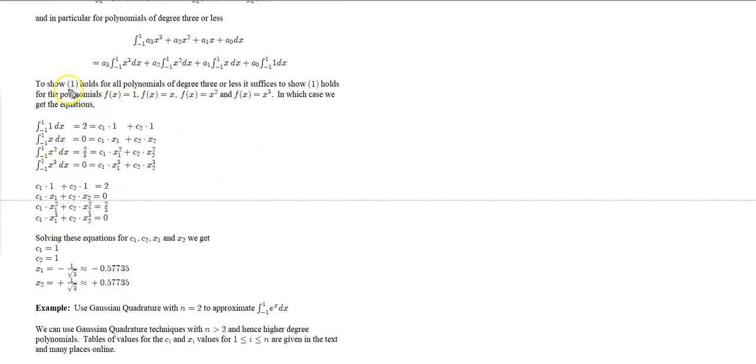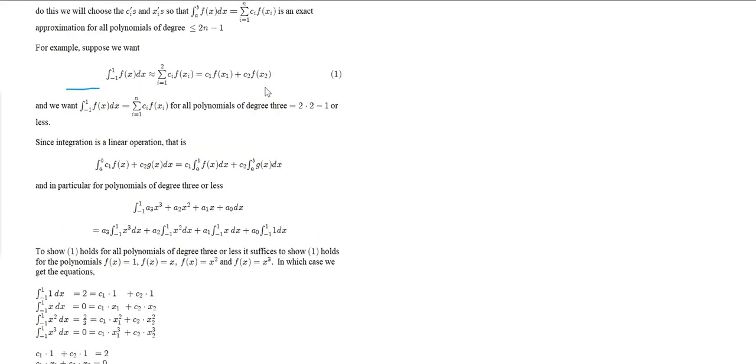Now what we want is for equation 1 to hold exactly for all polynomials of degree 3 or less. Remember that's this one right here. So we want this equation to be an equality when our function f is a polynomial of degree 3 or less.